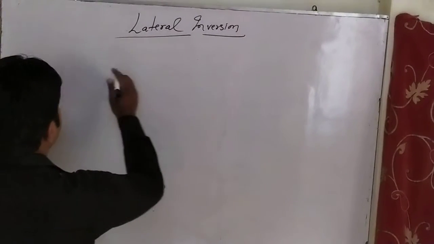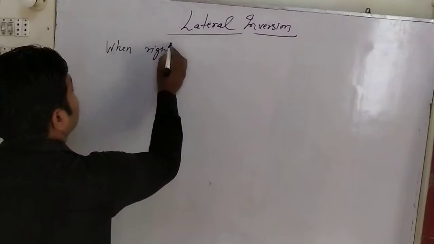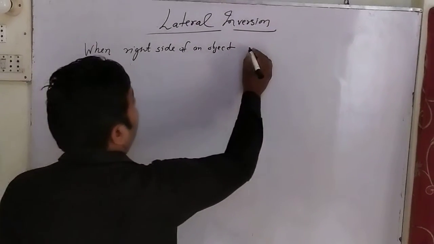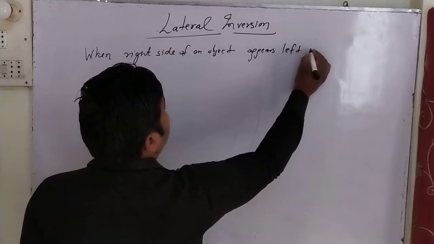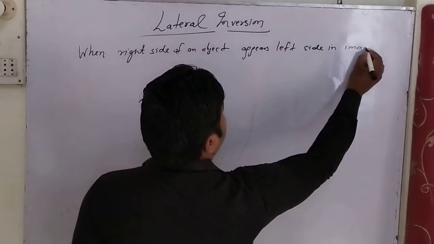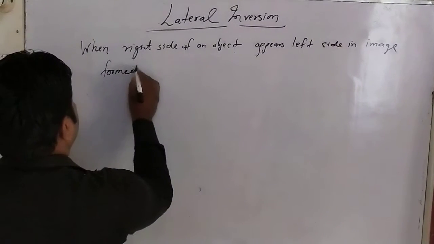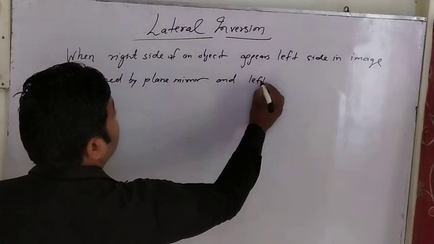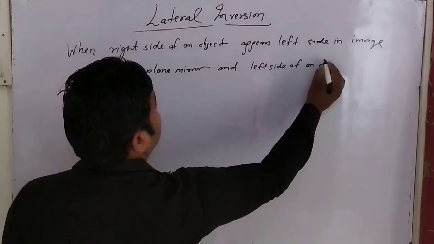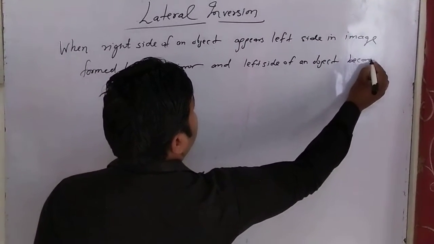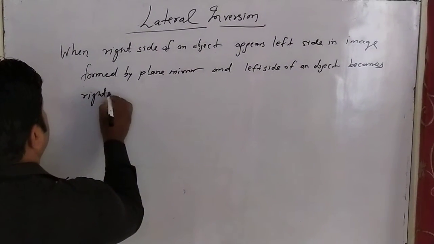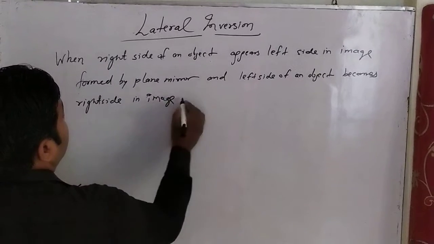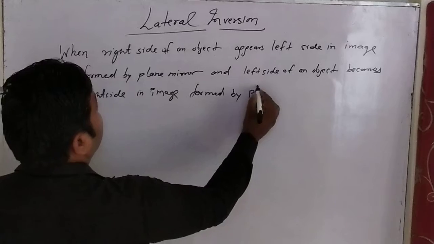So lateral inversion means when the right side of an object appears as the left side in the image found by a plane mirror, and the left side of an object becomes the right side in the image formed by the plane mirror.